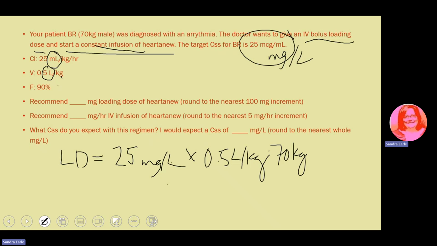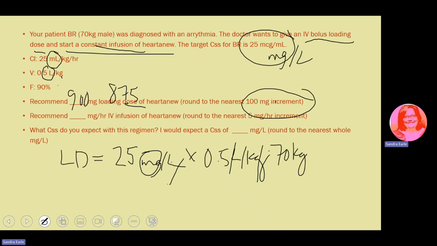Our units are liters, kilograms, so milligrams. So it's 875 milligram loading dose, but we want to round to the nearest 100 increment. So we're going to give a 900 milligram loading dose.